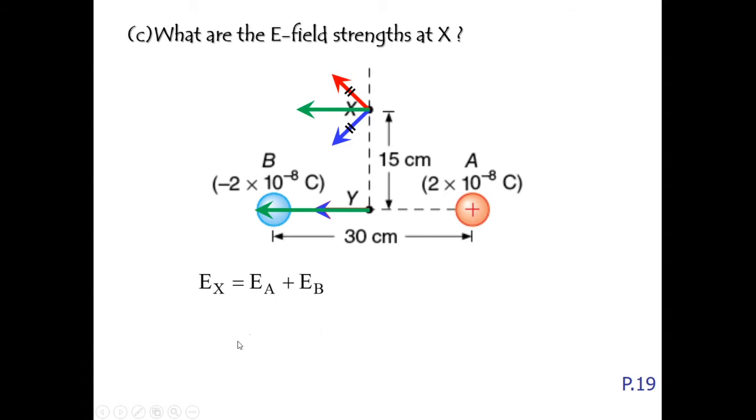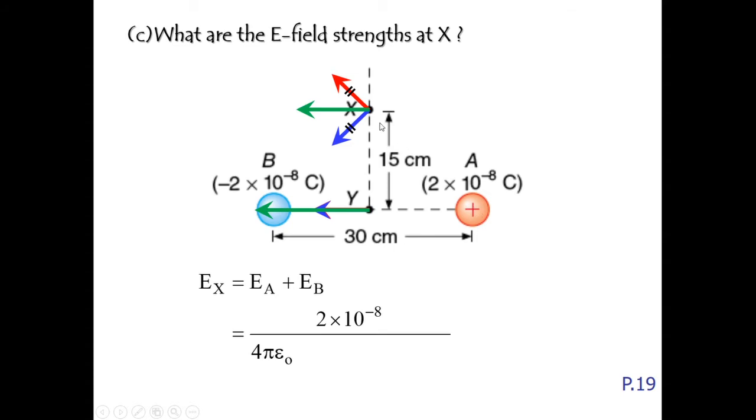So we use the same formula. The quantity of charge, 2 times 10 to the power minus 8, divided by 4 pi epsilon naught. What is the distance from A to X? By considering this right angle triangle, the height is 15 cm and the base is 15 cm too.